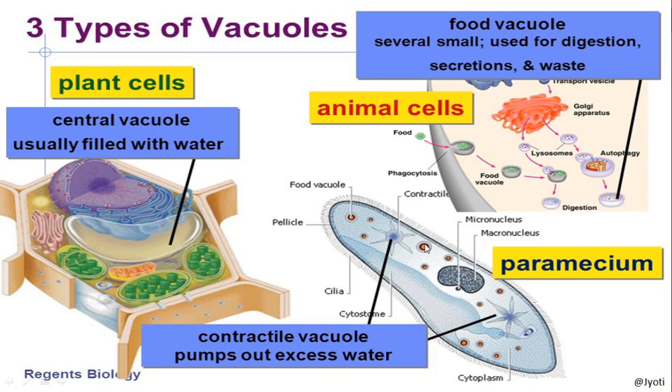The water vacuole stores the water. The contractile vacuole helps in osmoregulation and excretion. So there are different types of vacuoles present in animal cells, and they are present in more than one number. But in a plant cell only one vacuole is present, and it is present centrally.